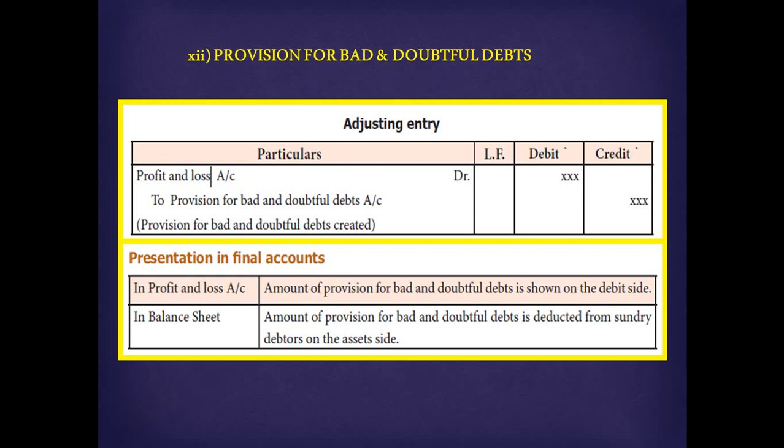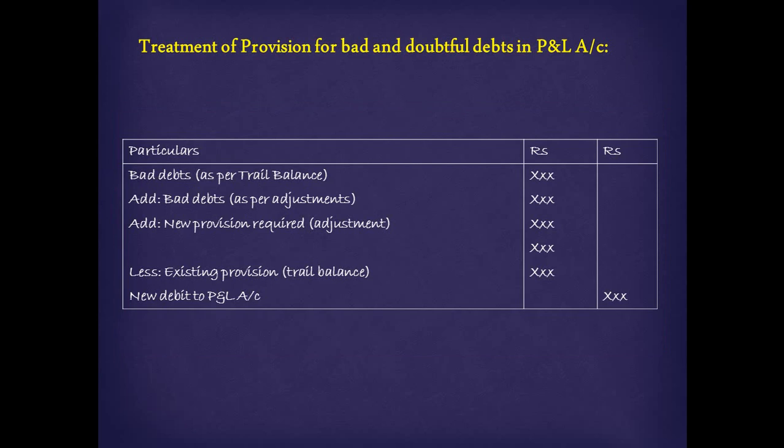The entry is profit and loss account debit to provision for bad and doubtful debts. This provision is shown as a deduction from existing debtors on the asset side of the balance sheet, and this is how we have to treat the provision for bad and doubtful debts in P&L account.